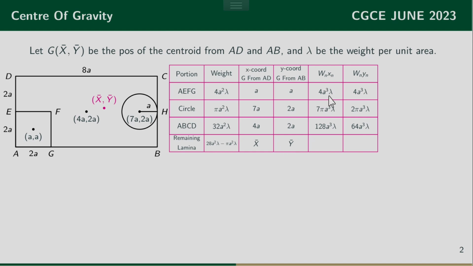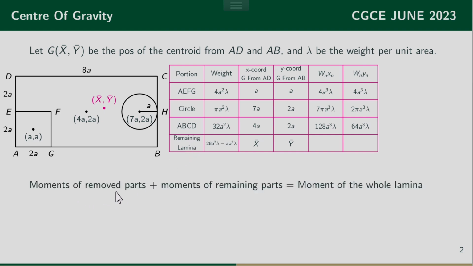Now to find the moment of the remaining lamina, I'll need to use the principle that the moment of the removed part plus the moment of the remaining part is equal to the moment of the whole lamina, which means the moment of the remaining part would be the moment of the whole part take away the moment of the removed part.